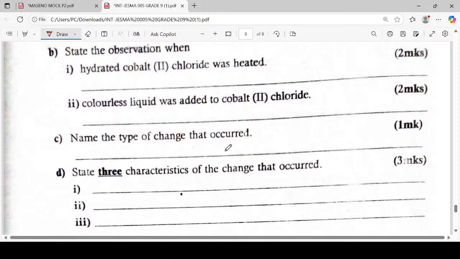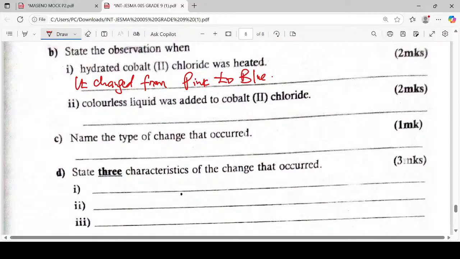So it changed from pink to blue on heating. So the color of the hydrated cobalt 2 chloride changed from pink to blue.